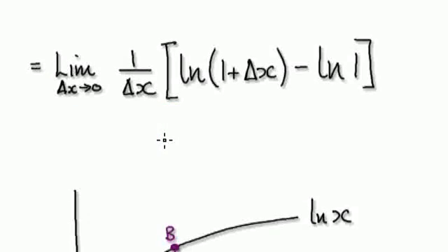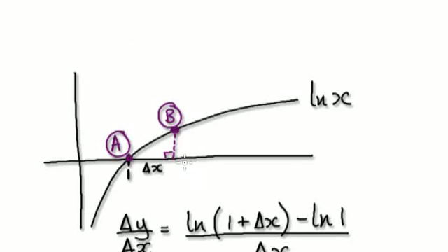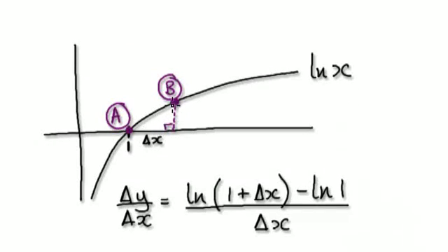Okay, if I were to ask you, find the derivative of the natural log of x at x equals 1, you would set up 2 points, A and B here, and then you would say, oh, the average gradient that exists between A and B is given by this, because this here is delta y.